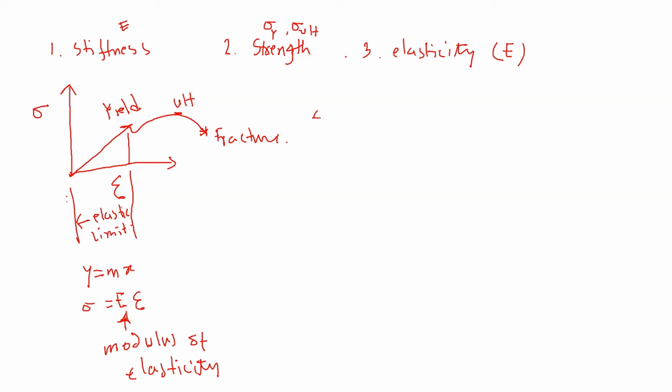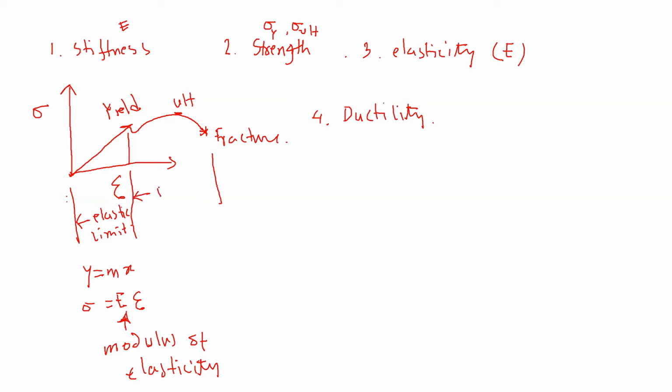And then number 4 is the ductility, the ability to take tensile load. The ability to take tensile load is ductility. How much it can take. Now, this is not just the ability to take the tensile, it is also how much plastic deformation it can take.